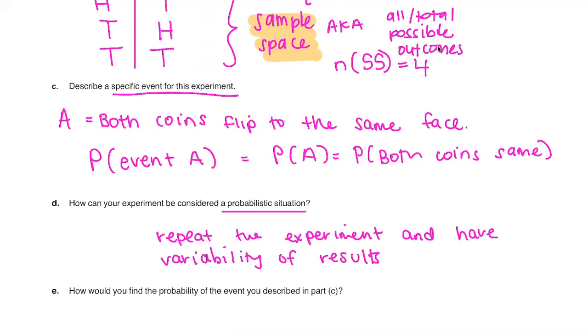That would be why it's probabilistic. But really, almost anything is a probabilistic situation if there's some wiggle room of whether or not it's possible to happen. You don't know what's going to actually happen when you do flip two coins. And this is something that you'll do in your groups, is do some simulations of experiments.